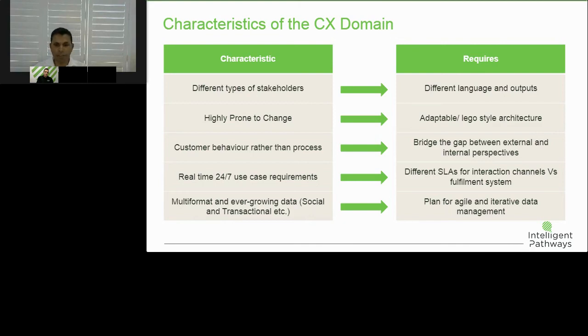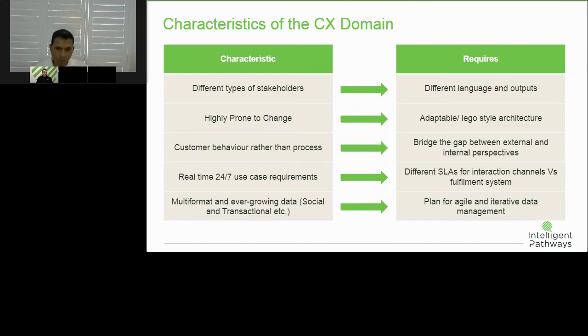It is a very fluid and changeable environment. For example, a lot of digital interactions are driven by something which is not in the organization's or company's control. Suddenly a new social media channel pops up in the market, and how can you leverage that to engage and build into your customer journey? It's always going to change.